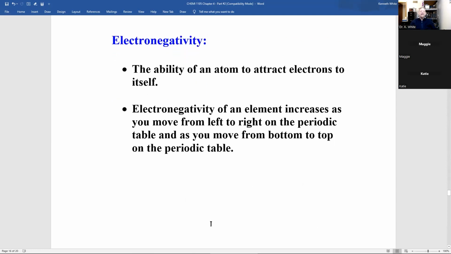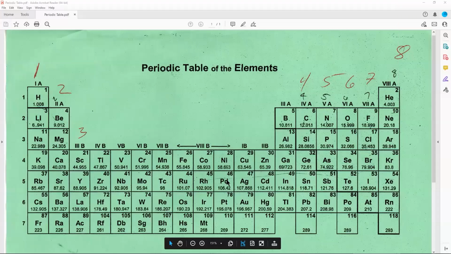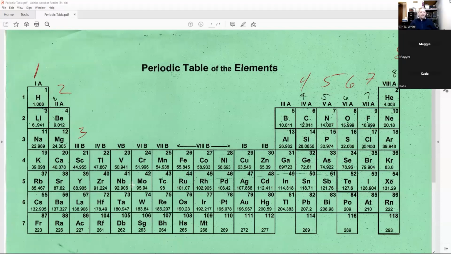But anyways, when we talk about electronegativity, the electronegativity of an element increases as you move from left to right on the periodic table and as you move from the bottom to the top. What does that mean? Well, let's look at a periodic table. And here we have a periodic table. Let's look at hydrogen.